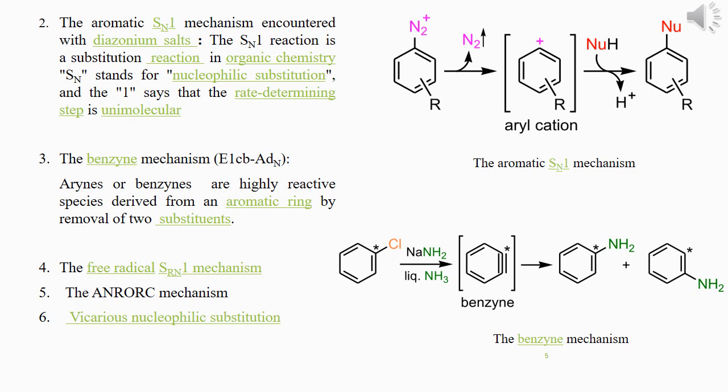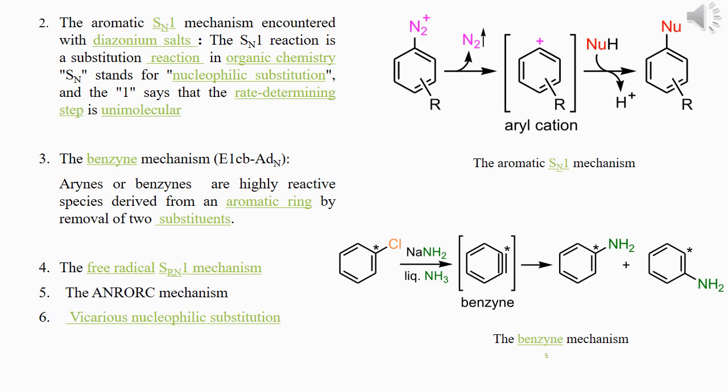So as a result of removal of the hydrogen and chlorine, a triple bond is formed here on the benzene. So that is called benzyne or aryne. And then there will be an attack of the nucleophile, and that can be attached on any one of the carbons having a triple bond. So both can be options. The NH2 can be attached on any one of the triple bonded carbons.